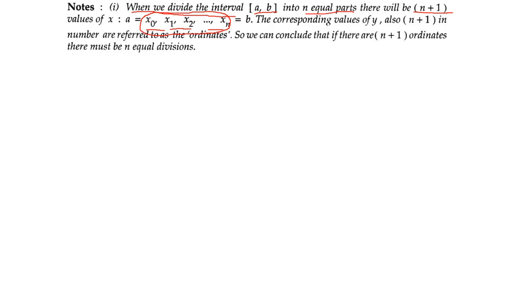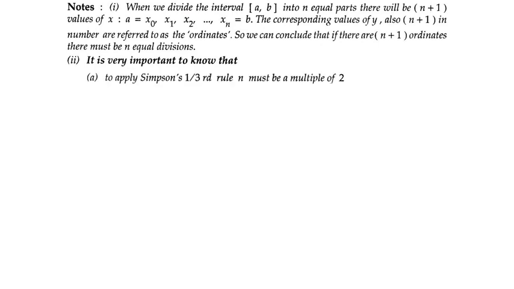You can find n values, plus one more value, that is n plus 1 values you can find. So we can conclude that if there are n plus 1 ordinates in the given data, there must be n equal divisions. It is very important to know this to apply Simpson's one-third rule.